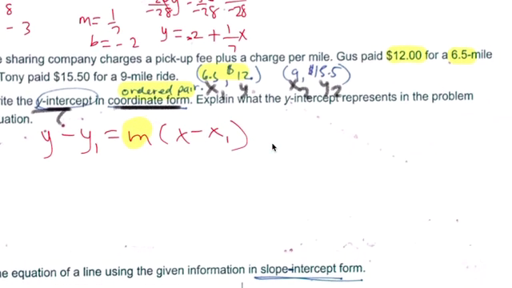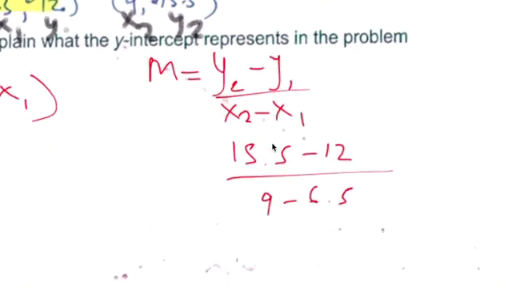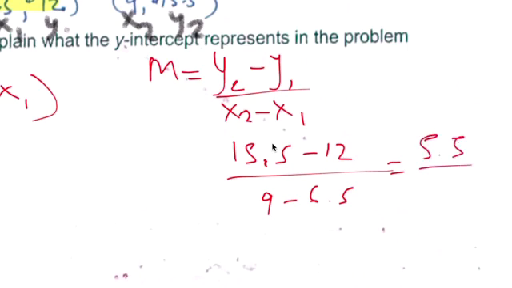Okay, and slope is y sub 2 minus y sub 1 over x sub 2 minus x sub 1. So 15.5 minus 12 over 9 minus 6.5. So that is 5.5 over 2.5. Divide that, so make sure you use a calculator.